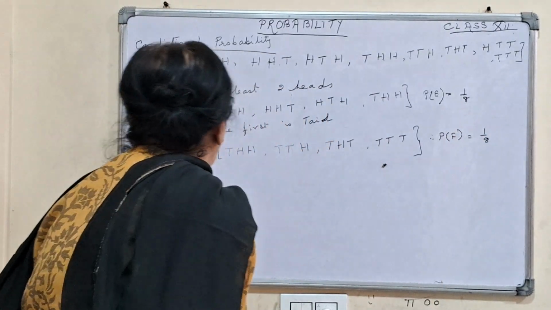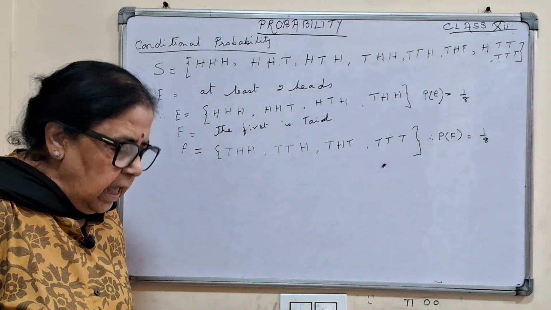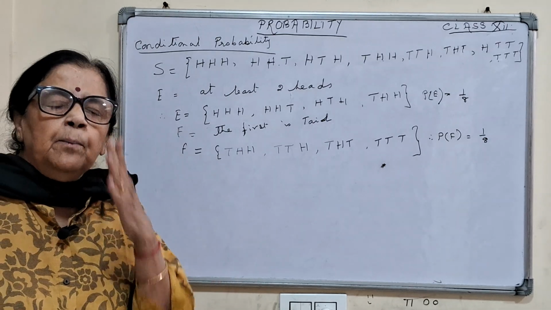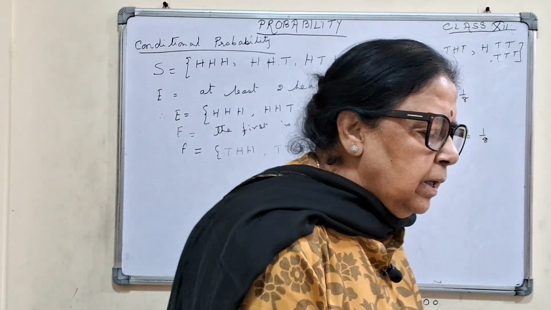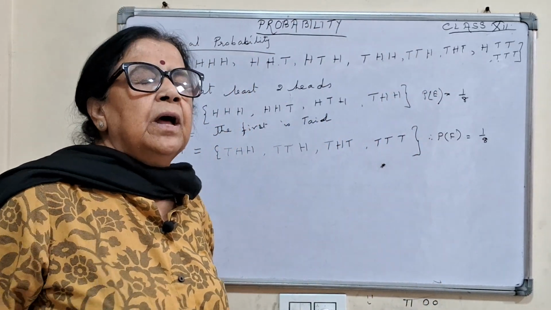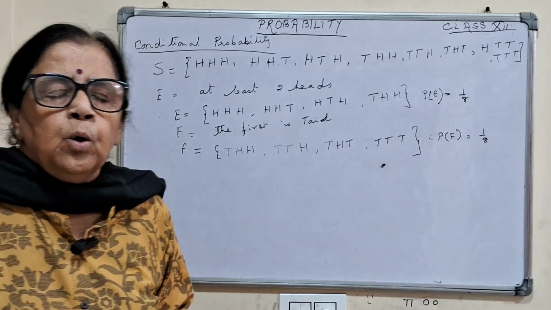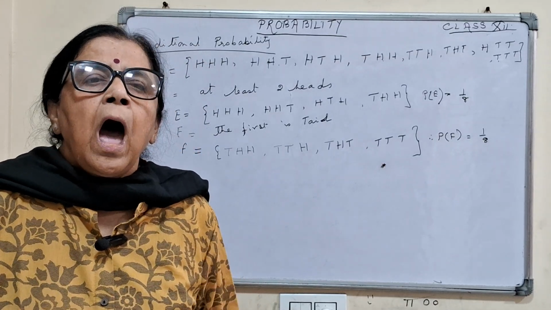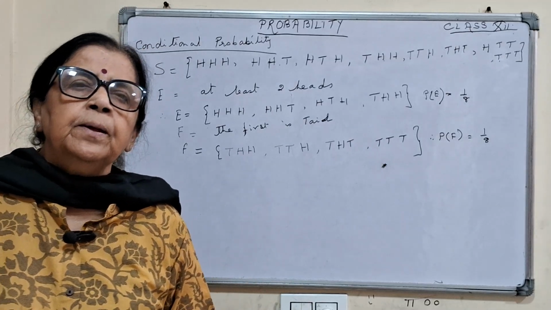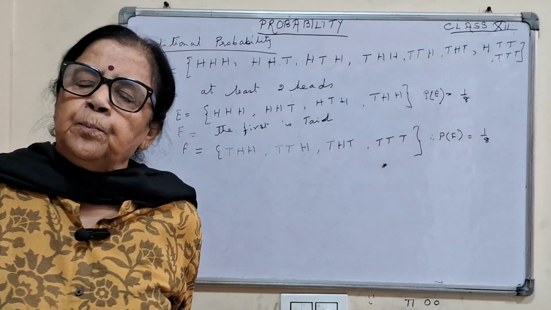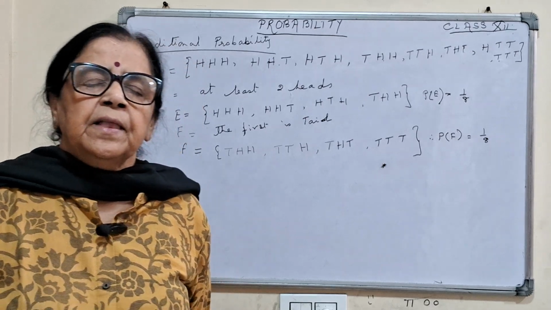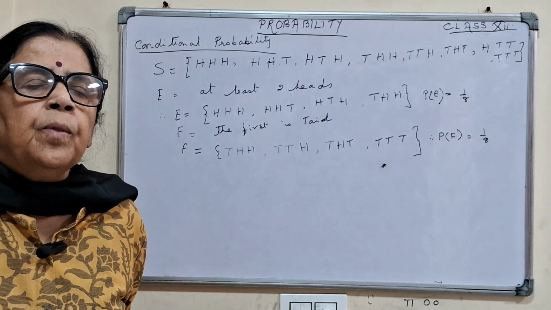Now, what is conditional probability? This you have all learned in class plus one. Conditional probability means that if this event has occurred, suppose we are playing with a die, so there are 6 events. When I throw a die, the probability of an even number is 3 by 6, that is 1 by 2.